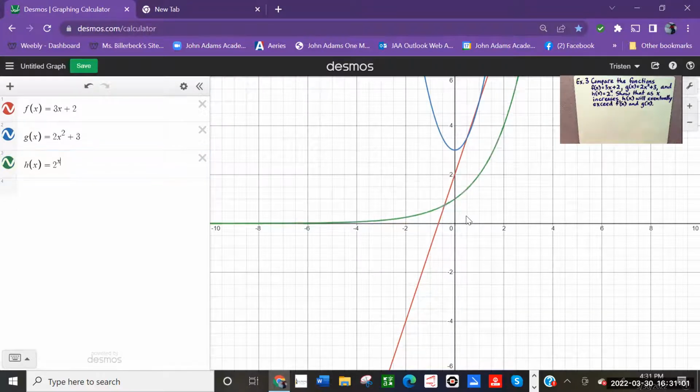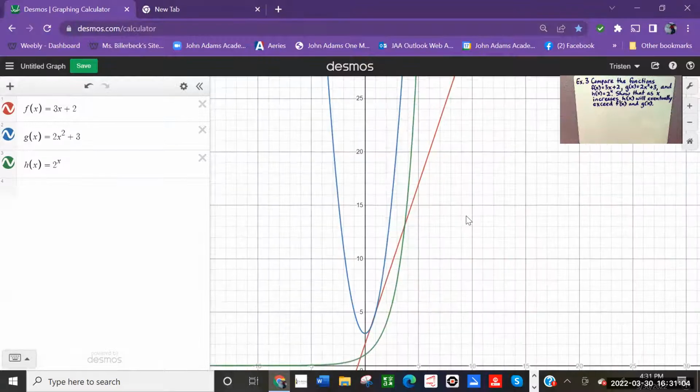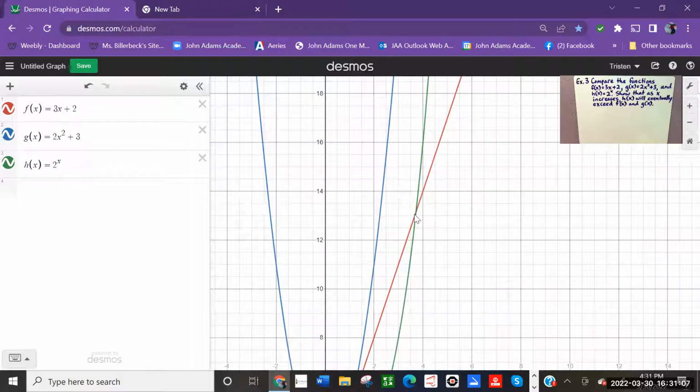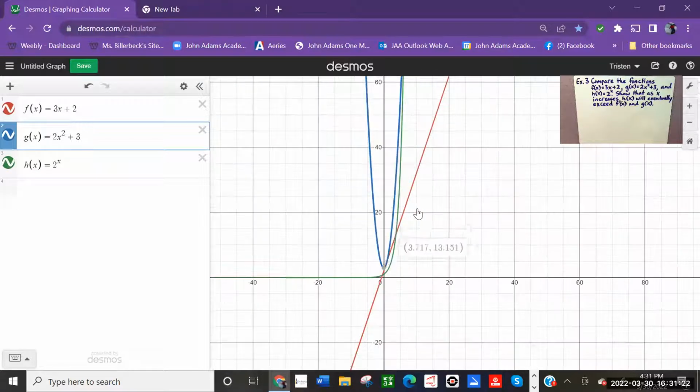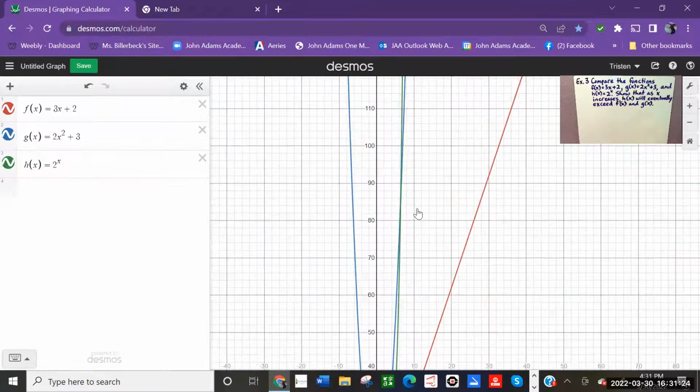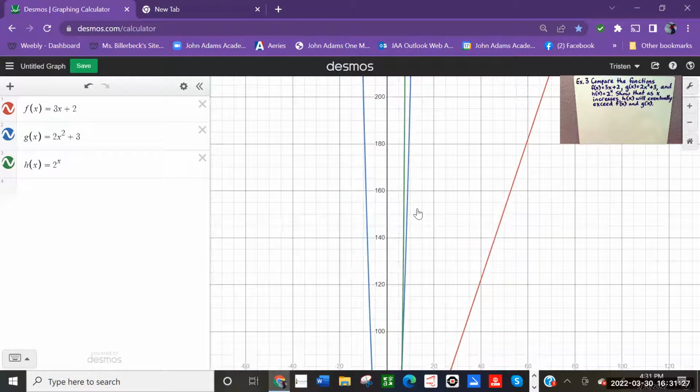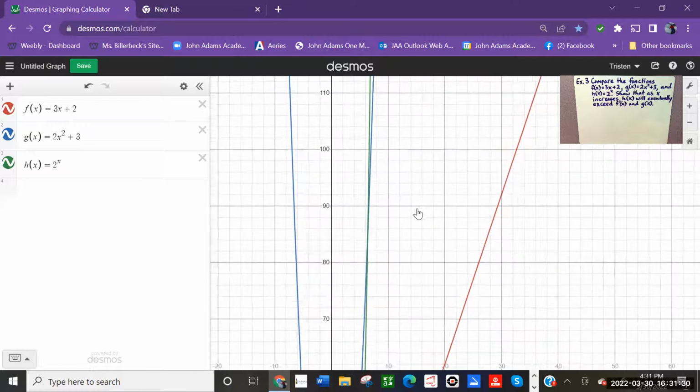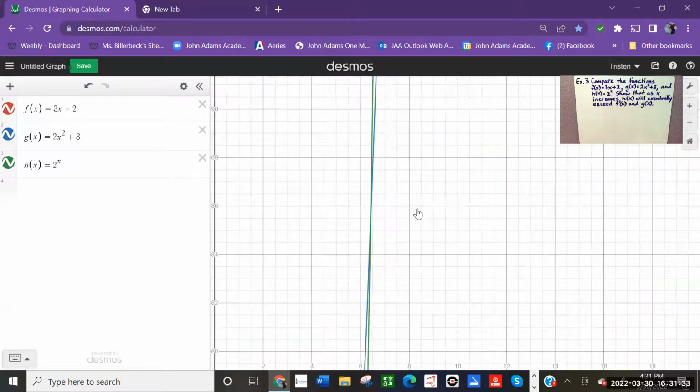So finally the exponential is greater than the line at (3.7, 13.15), but it even overtakes the parabola eventually. That's what exponentials do. So see right about here, it's overtaking that parabola. So about 6.4, and the y value is 85.5.